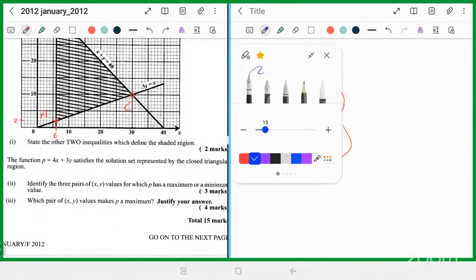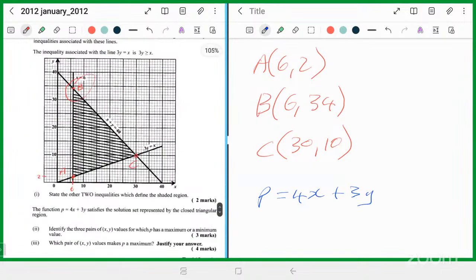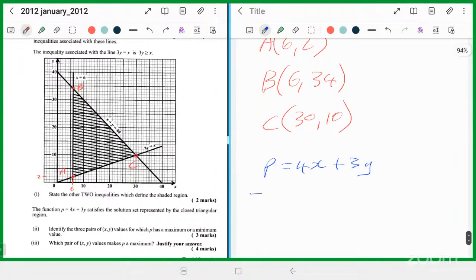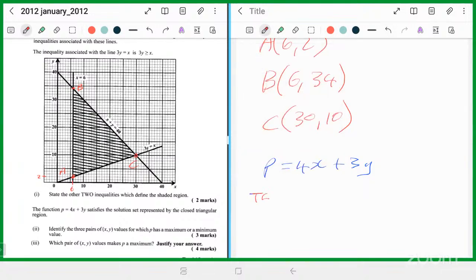The P formula is 4x plus 3y. So which point will make it maximum? Either B or C, don't it? A is out of it, right? So we're going to test for maximum P. We're going to test the point B first, which is (6, 34).